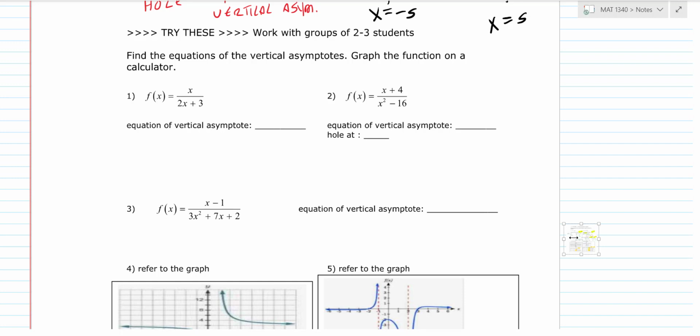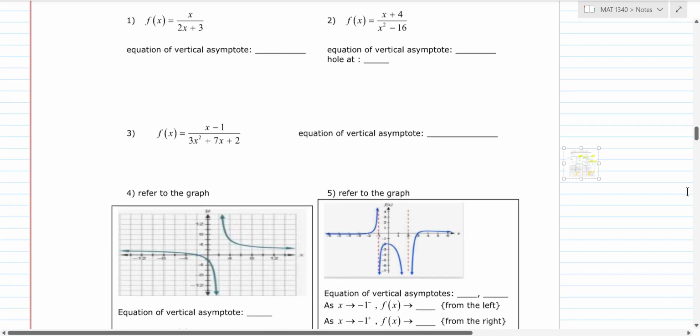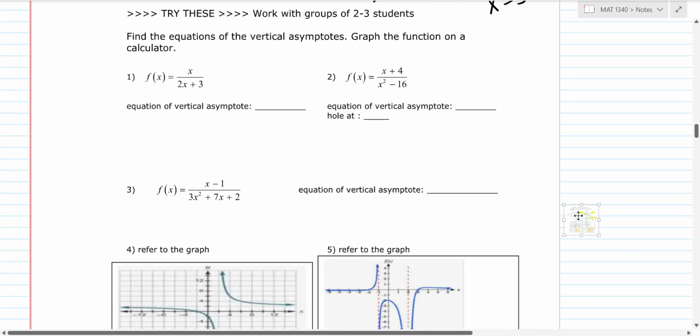So on problems 1, 2, and 3, 2 of these are going to have vertical asymptotes. One of them is going to have a vertical asymptote and a hole because of that cancellation. Let's work on that for about 5 minutes, and let's see if we can do these, and then that'll get us approximately halfway through the section. Then we'll need to talk about horizontal asymptotes and graphs a little bit on Thursday.